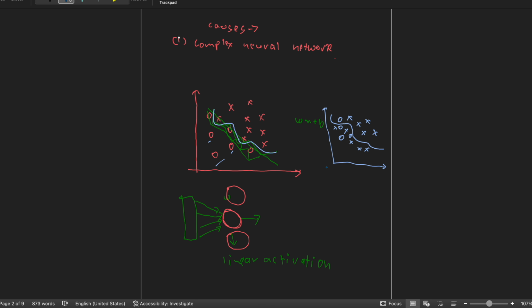Let me try to explain the whole setup once more. Suppose there is a single neuron, and each data point passes through it one by one.